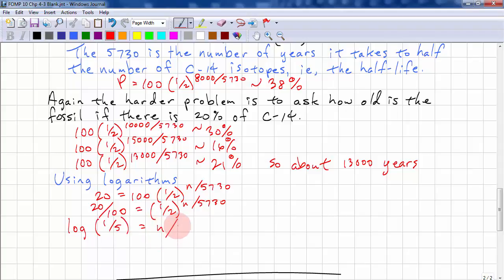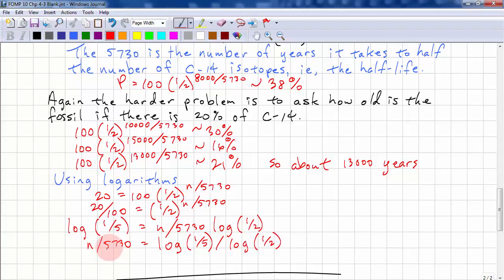N divided by 5730 times log 1/2. We'll divide both sides by log 1/2, but I'm going to move this over to this side first. N divided by 5730 equals log 1 over 5 divided by log 1/2.